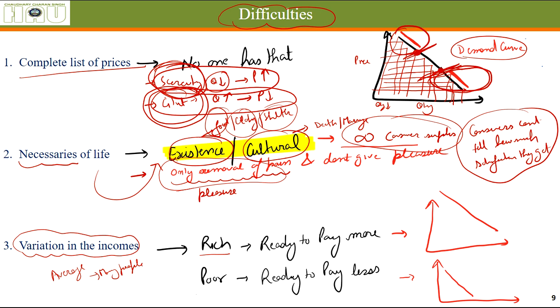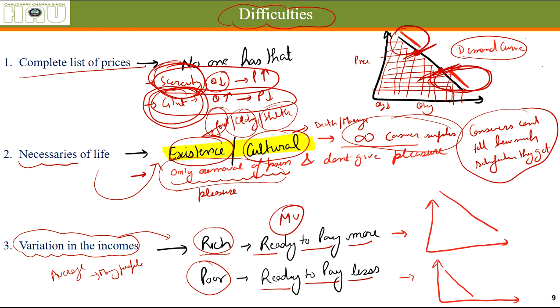So let's say, for the sake of an example, there is a variation in income of the people. Some people are rich and other people are poor. Rich people are ready to pay a very high amount, ready to pay more for something rather than go without it, whereas poor people are ready to pay less rather than go without it.